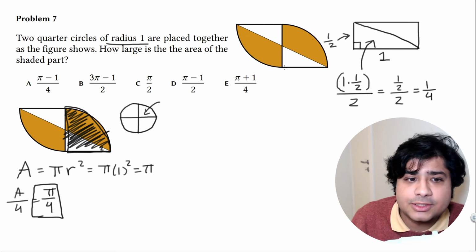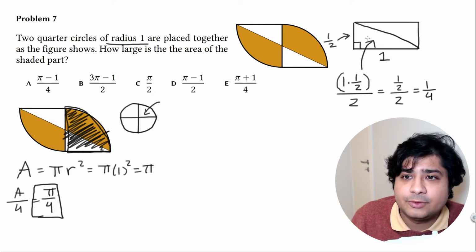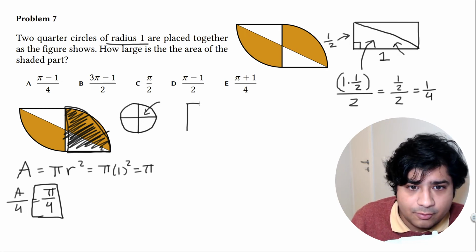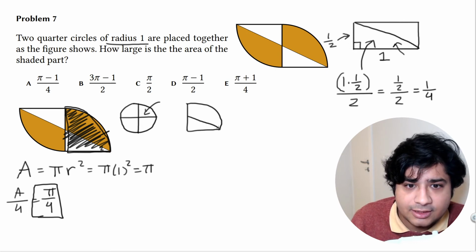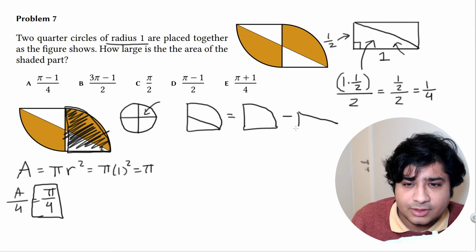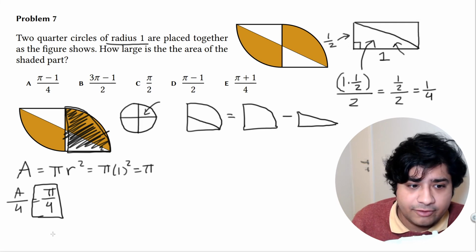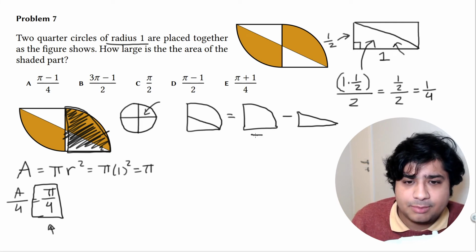Okay, so now we have the area of this one, and we have the area of the entire quarter circle. So let's do that by itself. This is just the entire quarter circle minus this little thing. What did we find out was the area of this thing? Well, we already figured that out here. That's pi over 4.